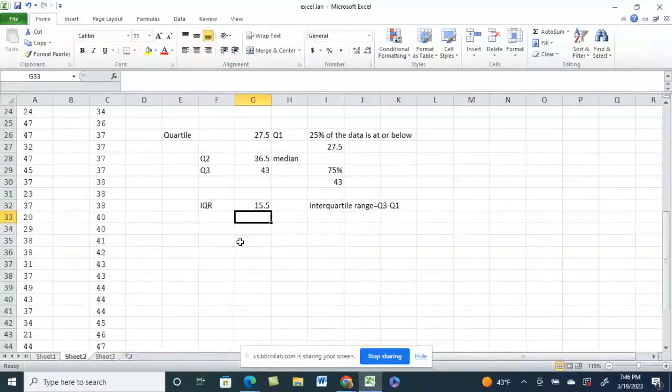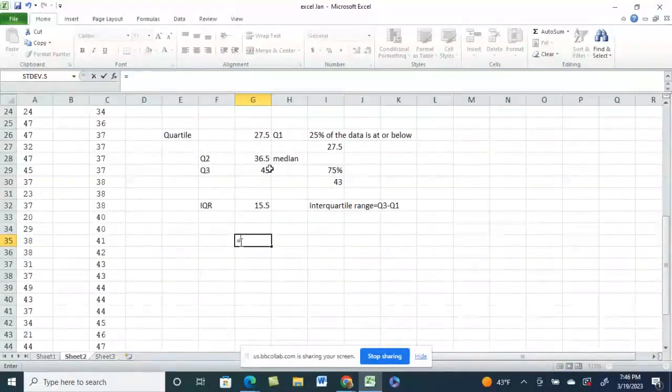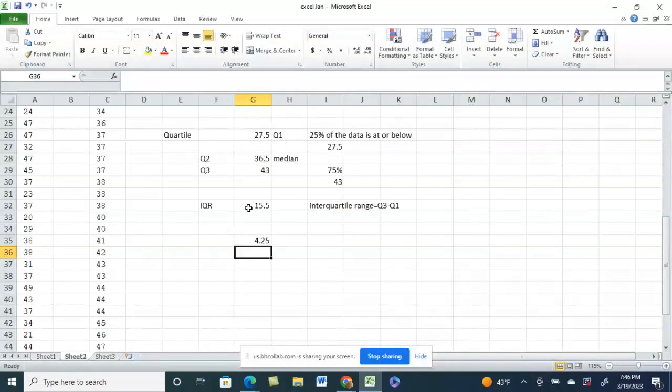We would say equals Q1 minus 1.5 times the IQR, which is 15.5. So that would be our lower bound for an outlier.